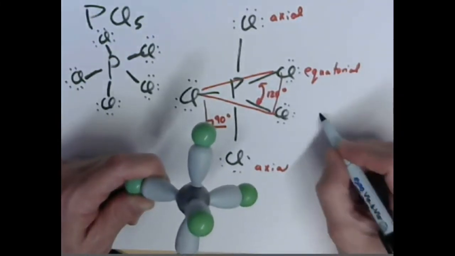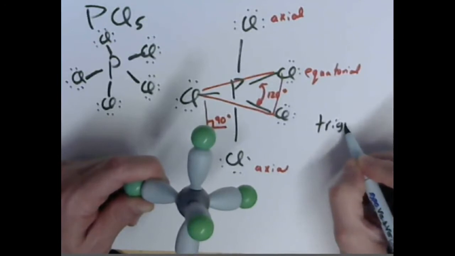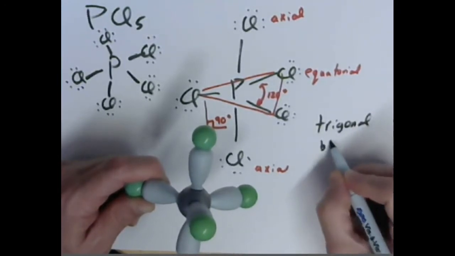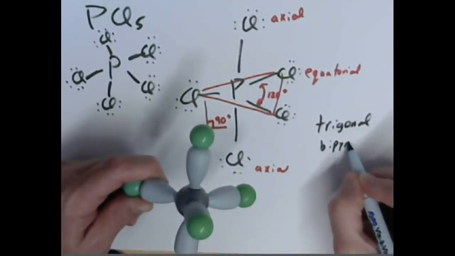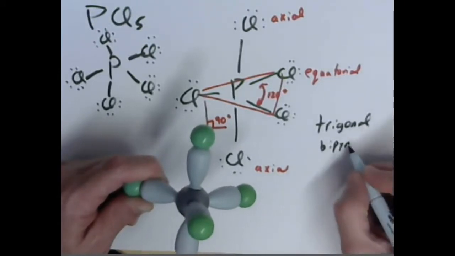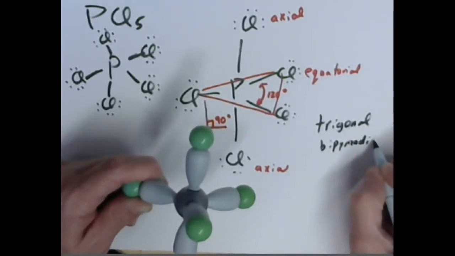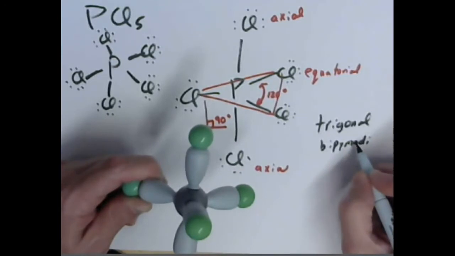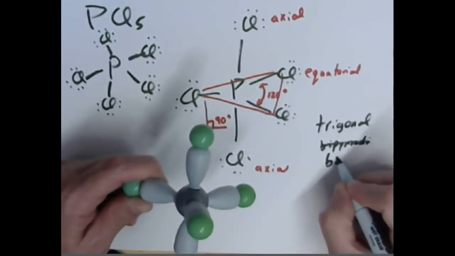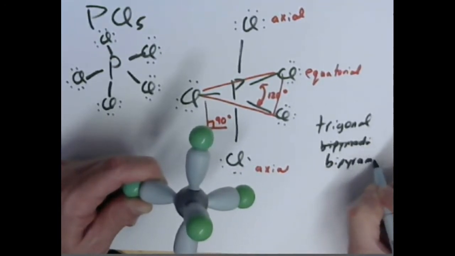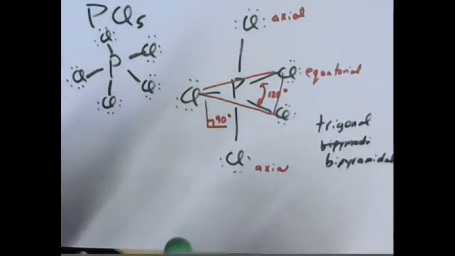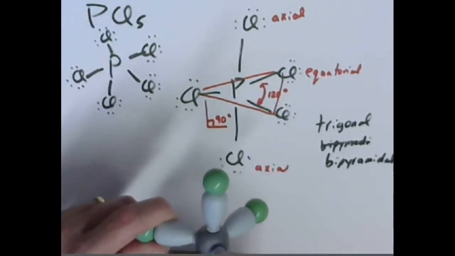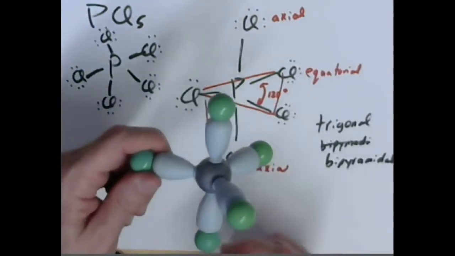And so this is a trigonal bipyramid, is the name of the geometric figure. The trigonal bipyramid, or a trigonal bipyramidal shape.